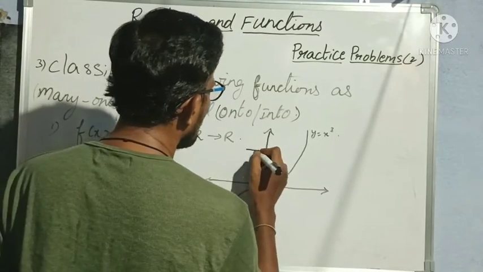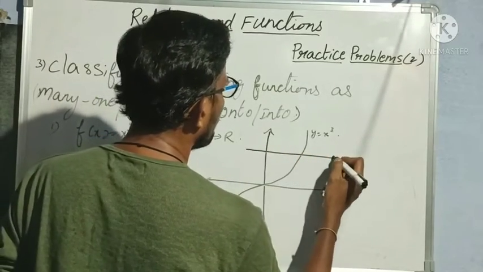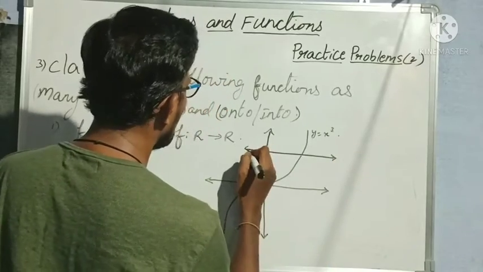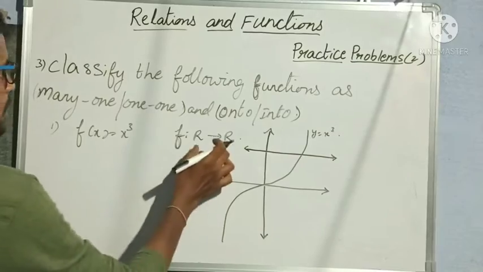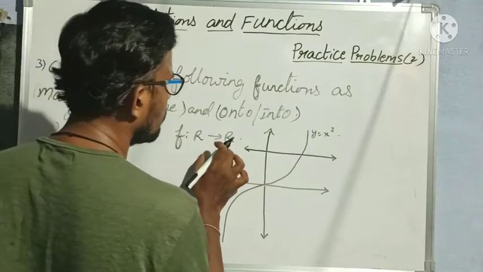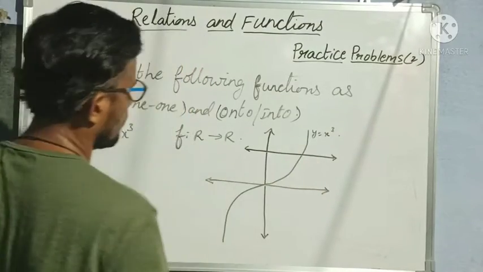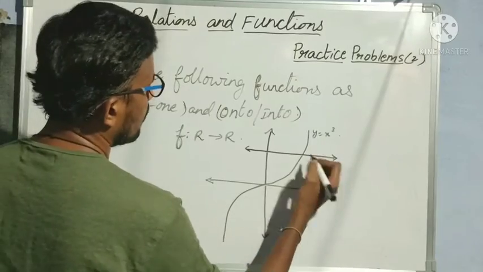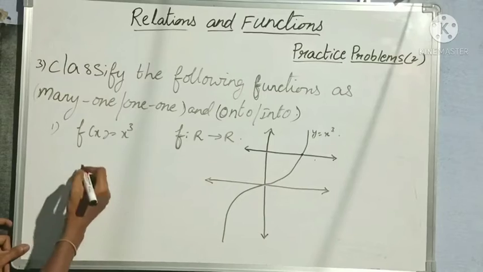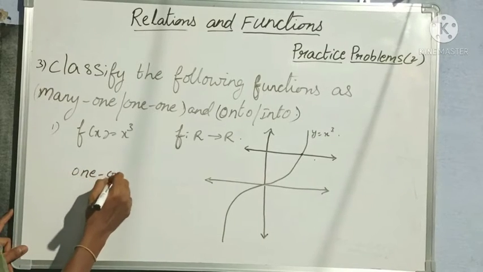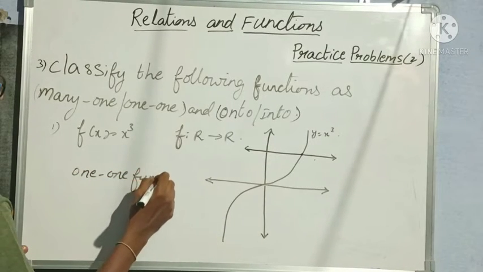We don't need a vertical test. Why? Because it is already given that this is a function, so no need to test whether this is a function or not. Only the horizontal test is needed. So I am drawing a line like this. At one point, how many points is it intersecting? Only 1 point indicates that this is a one one function.